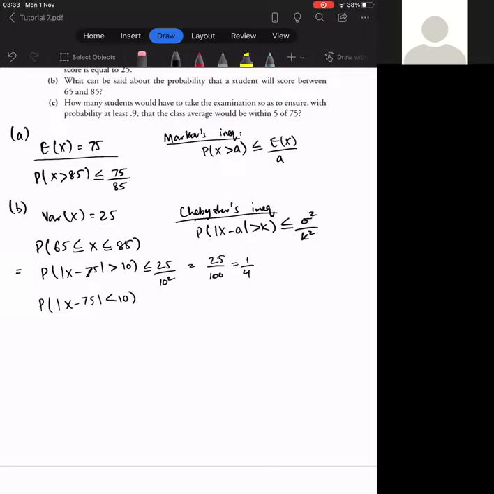And when we do that, this less than or equal to sign will actually change to greater than or equal to 1 minus 1 over 4, which is 3 by 4. It gives us the final answer. So the probability of x being between 65 and 85 is greater than or equal to 3 by 4.